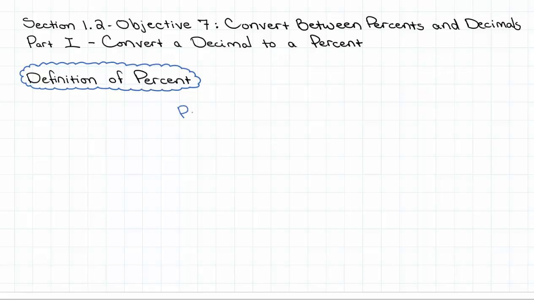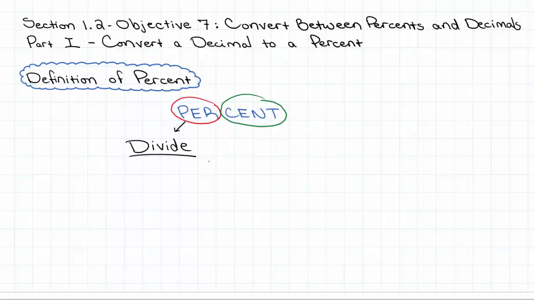So if we write out the word per cent, and we think of it as two separate parts, the word per and the word cent. The word per is literally going to mean divide by, and the word cent literally means 100.